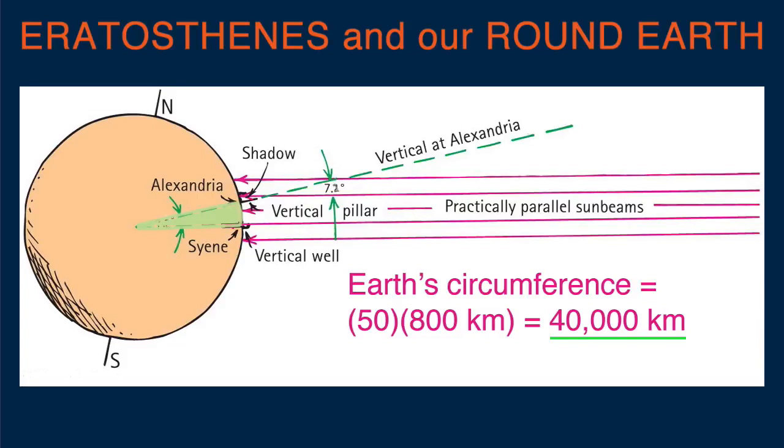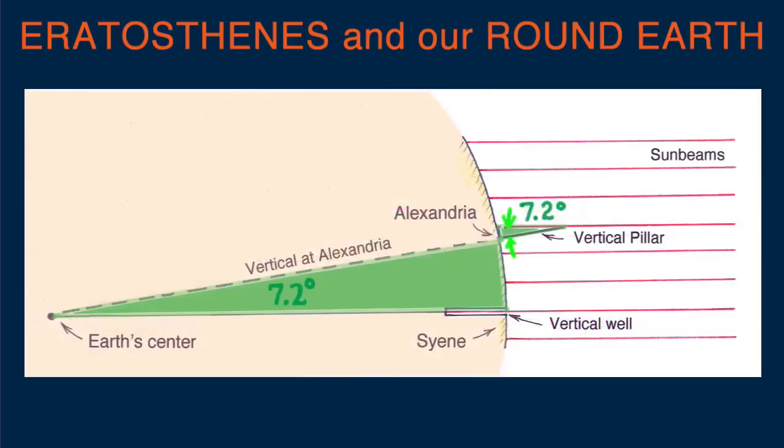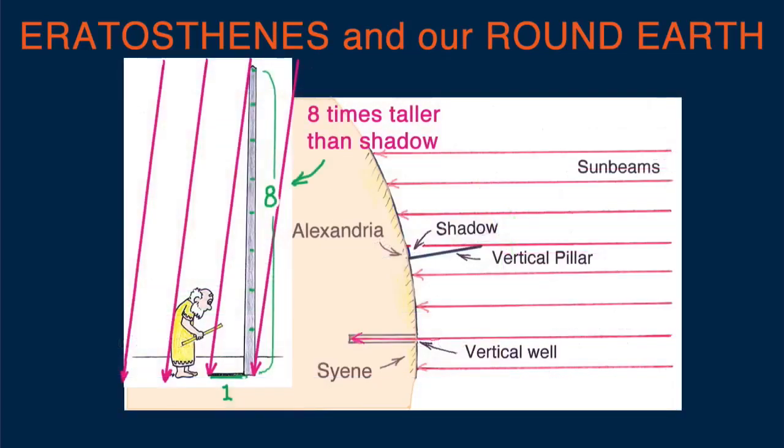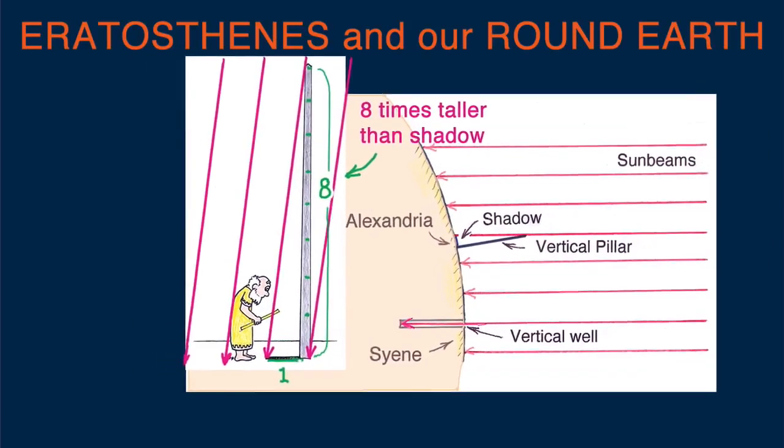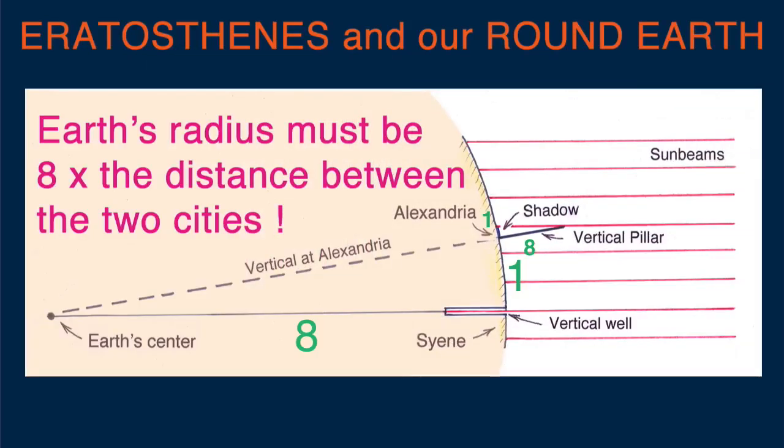We can arrive at the same conclusion a different way. Ratio and proportion, comparing very nearly similar triangles, the small and the large green ones. Both triangles have equal angles and equal ratios for their sides. Recall the pillar 8 times as long as its shadow? Similarly, equal ratios tell us that Earth's radius must be 8 times the distance between the two cities.